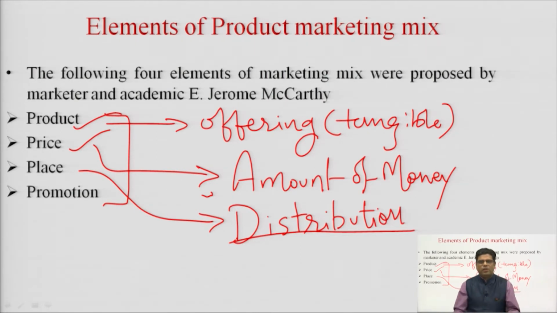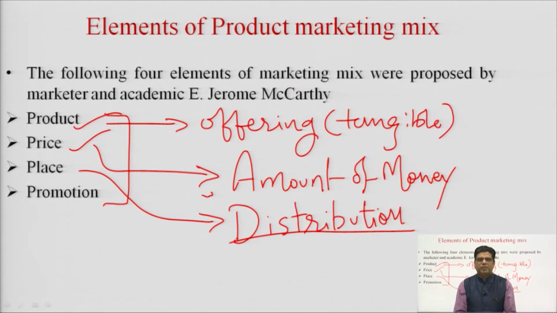This is the era of e-commerce, and therefore the products can be obtained online. The products can also be obtained offline, wherein you visit the shop and then you purchase the product. So therefore, place means the location at which you as a consumer get the product for using. So it can be an online store, it can be an offline store, it can be the nearest kirana shop, it can be a specialty store located in a particular mall, or it can be something like the cash on delivery we discussed.